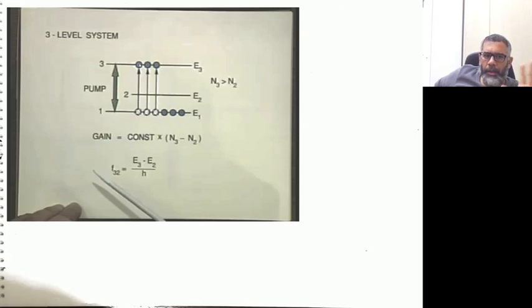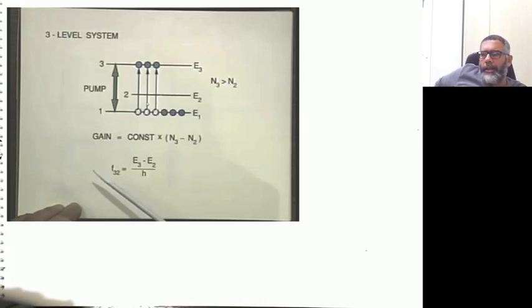This is forbidden in quantum mechanics. And don't ask why, we don't know why, because electrons act this way. They don't want to do these intermediate steps. They will always be populated from 1 to 3, if and only if you provide this energy difference in the pump.